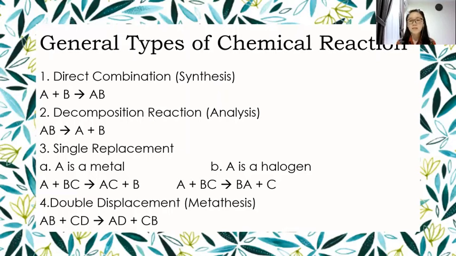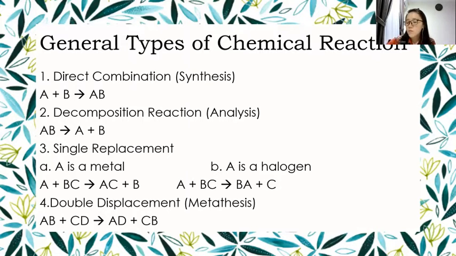And single replacement is normally the change of atoms from one position to another. But there are two types. It's normally divided by whether A is a metal or A is a halogen.